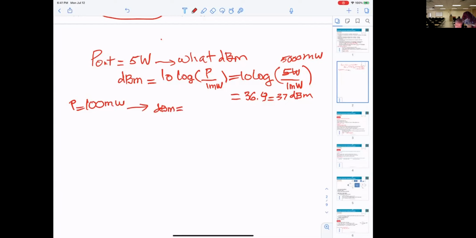So same thing, 10 times log of 100 milliwatt divided by 1 milliwatt.